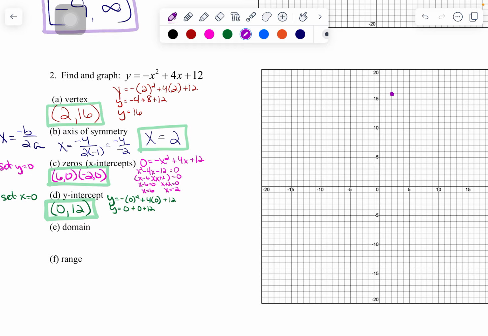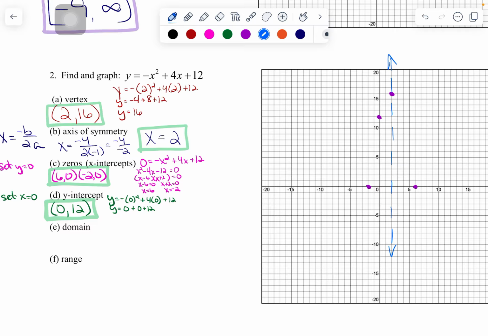That's going to be a point right there. My zeros are on the x-axis, so positive 6 and negative 2. And then I cross the y-axis at positive 12, so (0, 12). And of course, the axis of symmetry is that dotted line that's going to go through your vertex, which is the line x equals positive 2 here. So we've got all the pieces in the right places.